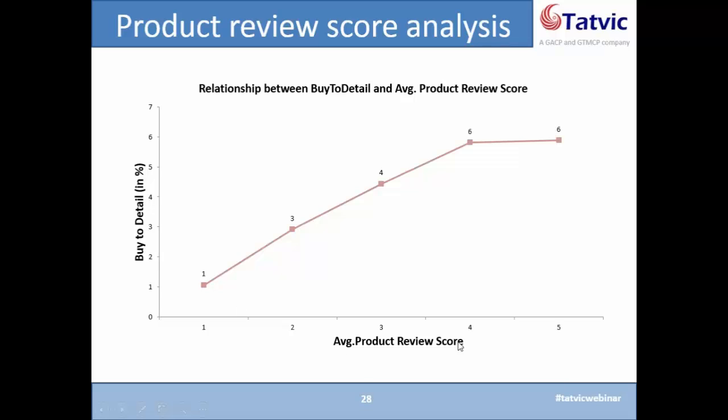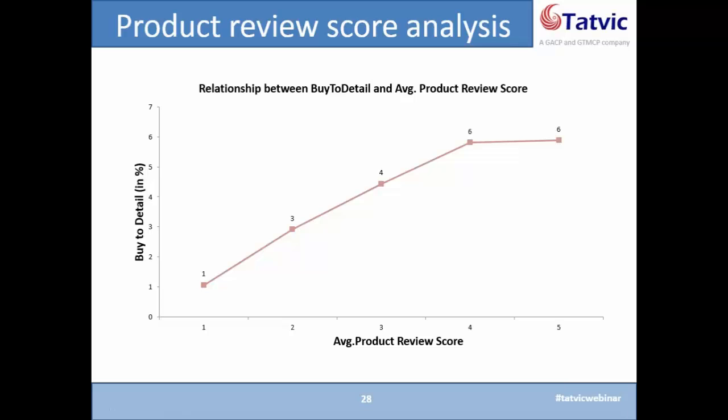And the horizontal axis indicates the average review score. So what it essentially means is that as the review score improves, the conversion rate of a product increases as well.